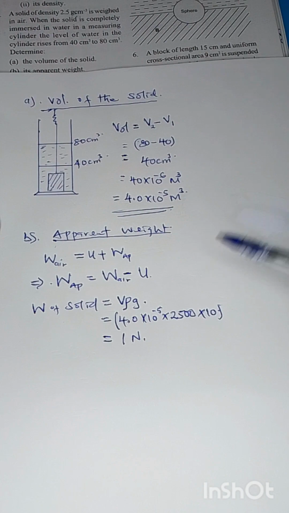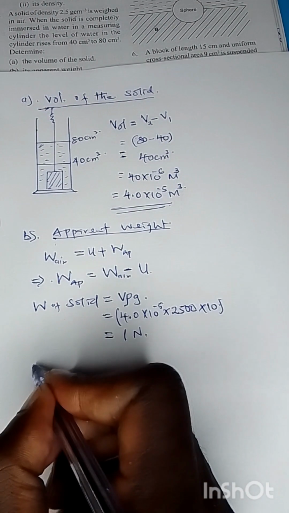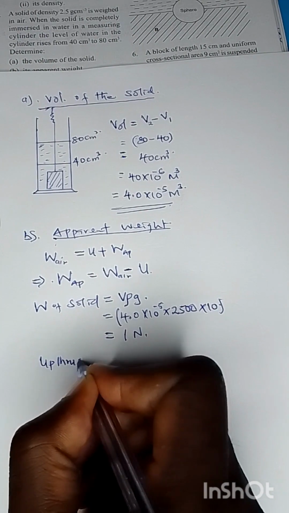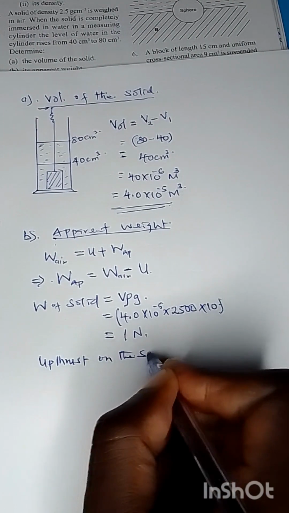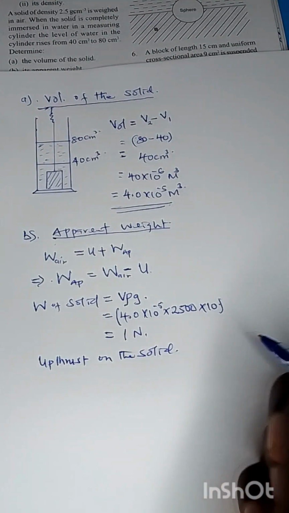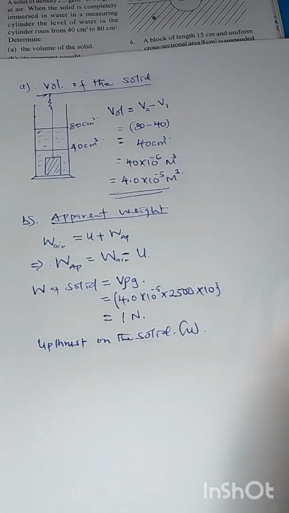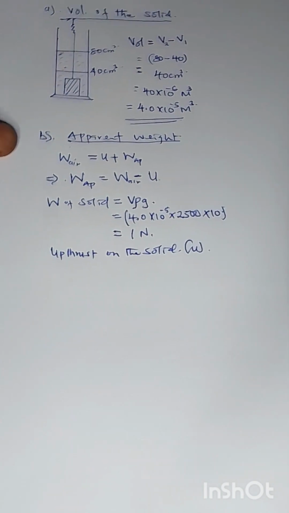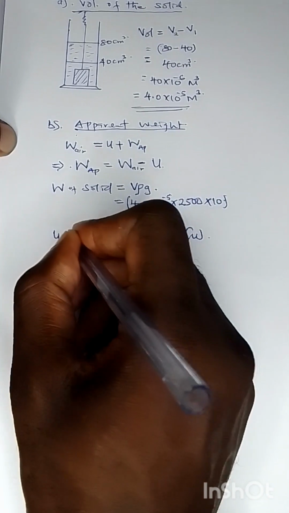For upthrust, we can get it using this relationship. The solid is experiencing an upward force, which we are calling upthrust, denoted by U. So at that particular point, we need to get upthrust.